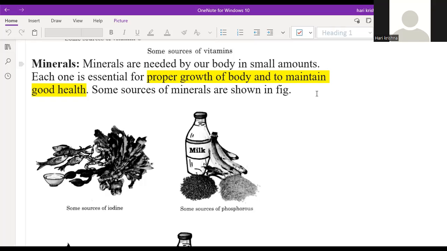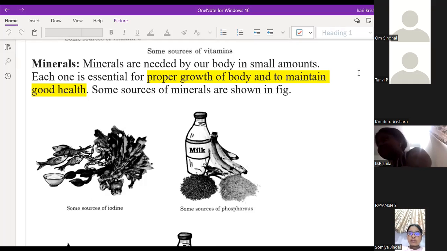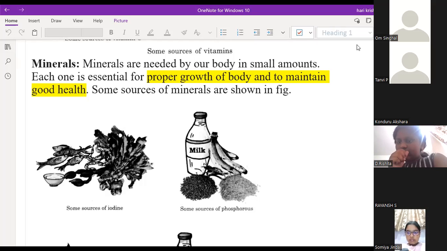Sir, you said to write a short note on RBC, right? Yeah, good. So finished. Actually, I am having a cold, sir. Can I turn off my video? It's already off only, right? Okay. So I have given the homework, right, to write a short note on the RBC, red blood cells.